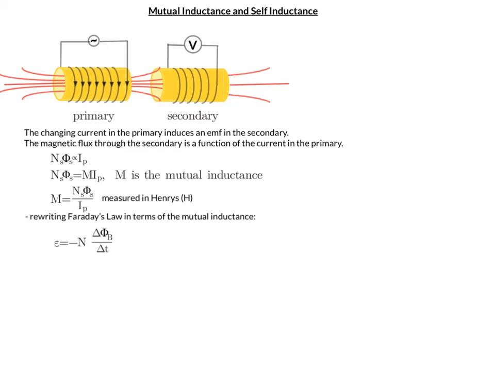Now, if we want to rewrite Faraday's law in terms of the mutual inductance, starting out with Faraday's law, EMF is the negative of the number of turns times the change in the magnetic flux with respect to time. So that would be the number of turns in the secondary times the change in flux in the secondary with respect to time.